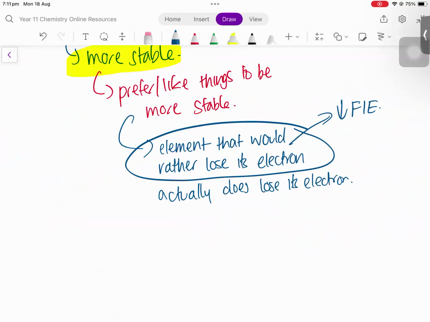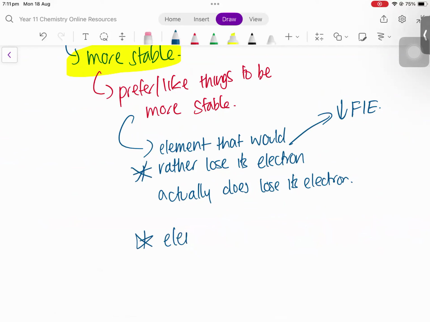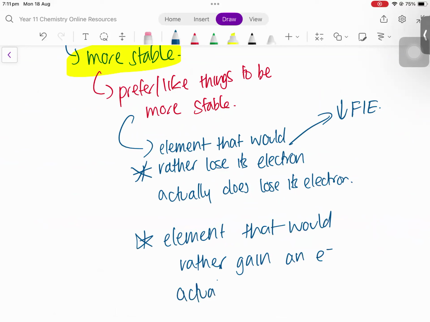The element that would rather lose its electron actually does lose its electron. Vice versa, the element that would rather gain an electron actually does gain an electron.